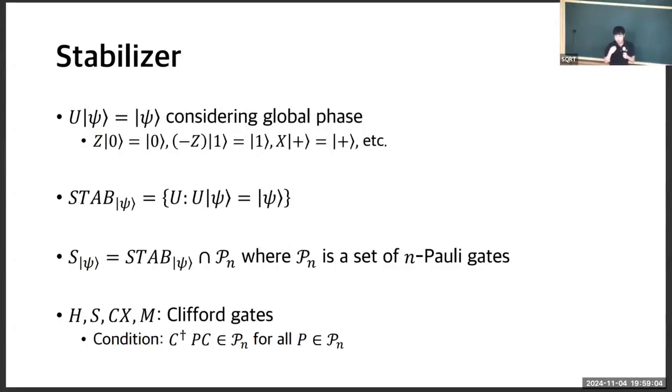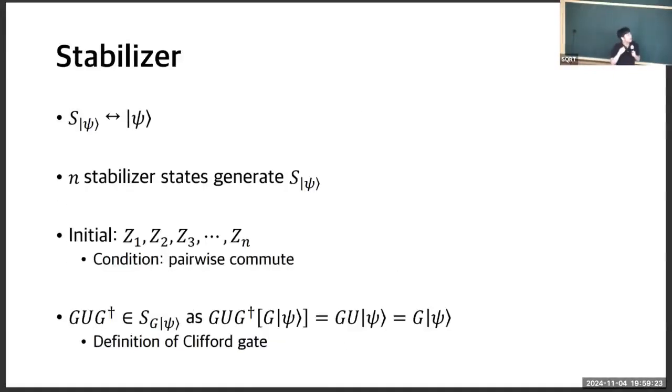For our specific purpose, we restrict to the n-qubit Pauli gates here, then the Clifford gates are related to this S psi. So S psi and psi are one-to-one if the state is made from Clifford gates.